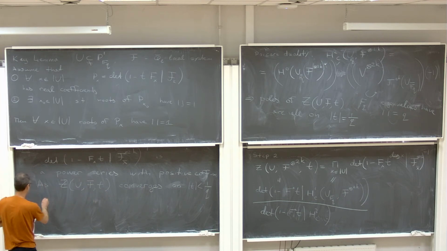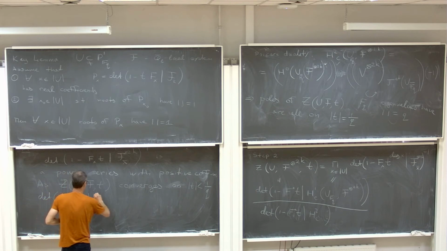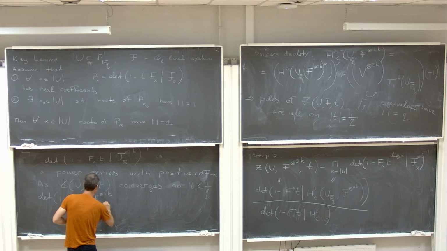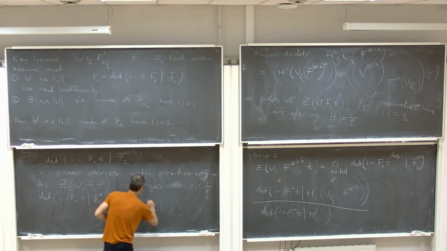So that means that determinant of 1 minus Frobenius x t acting on F to the 2k at x bar inverse converges on the same disk.